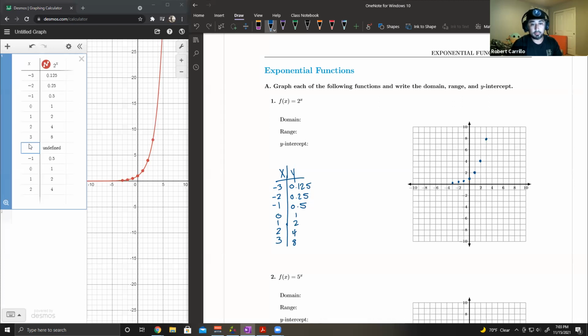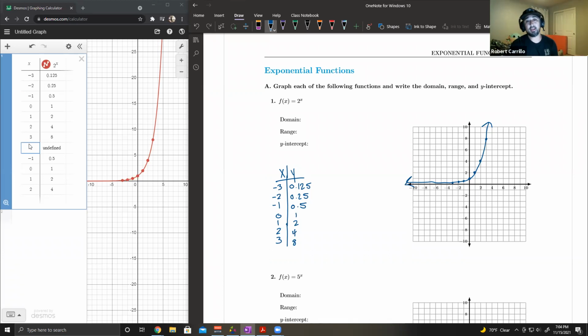Here's what our graph's going to look like. It's going to be really, really close to the x-axis and curve up and to the right. So this is the graph of the exponential function 2 to the x.